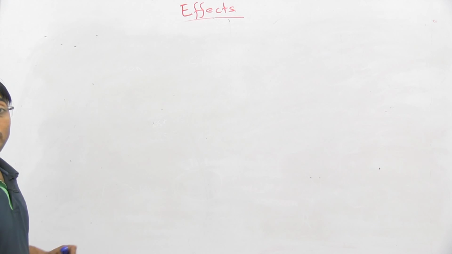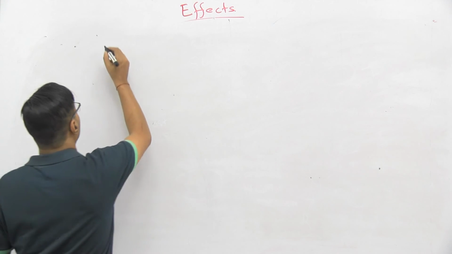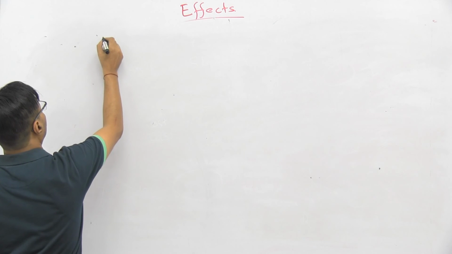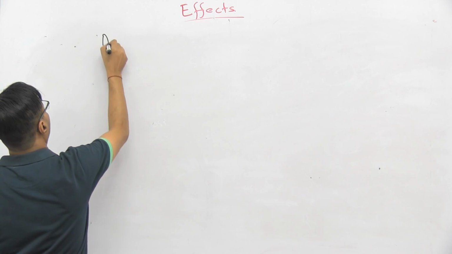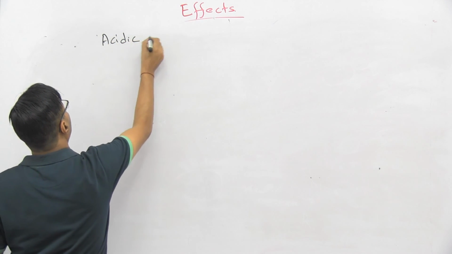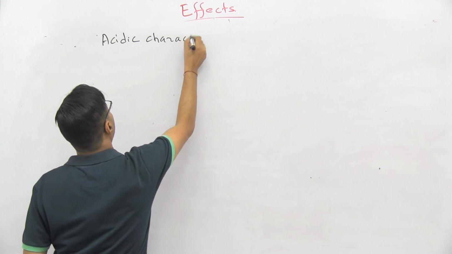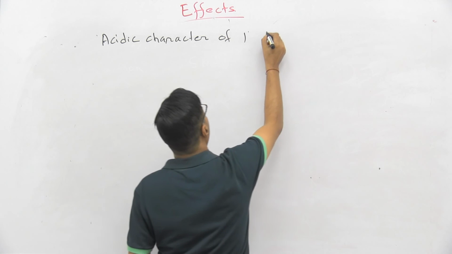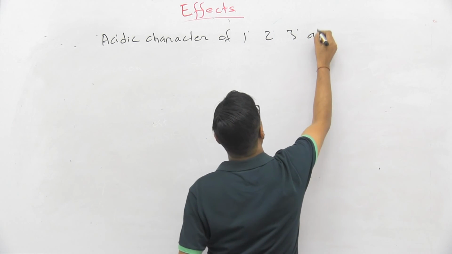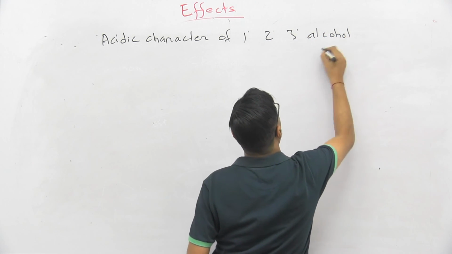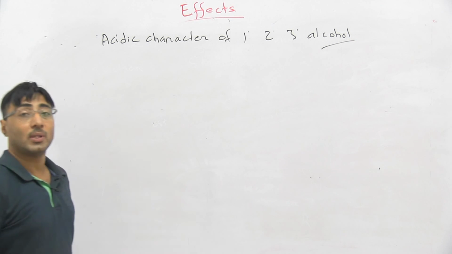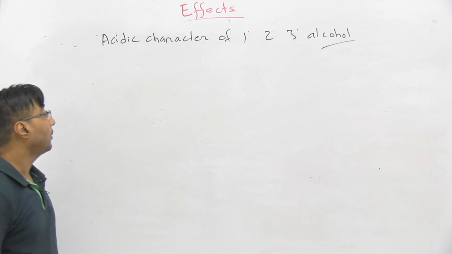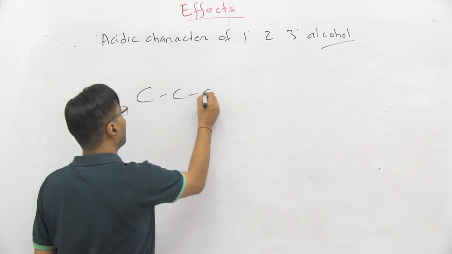Based on this, an application is to find the acidic character of 1 degree, 2 degree, 3 degree alcohol, which can donate the proton very easily. Let's see.